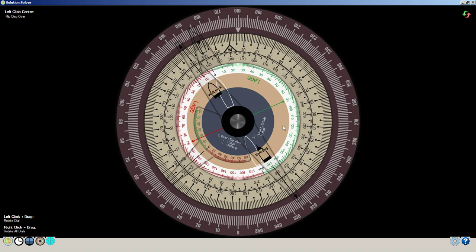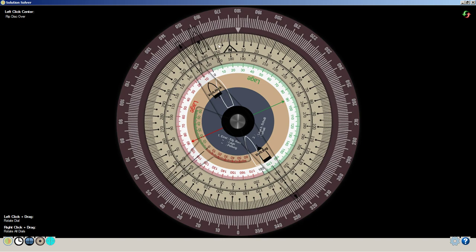So 47 and 108. Then I take the target disk, and I know the angle on bow was left, or port, so I align the angle on bow with the bearing line here. 108 there, and the target bearing is 47.